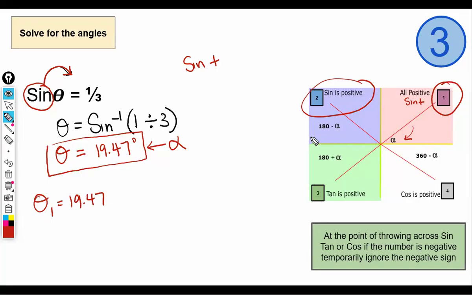My second answer would be 180 minus alpha, because that's the formula in section 2 or quadrant 2. So 180 minus 19.47, and I'm getting 160.53 degrees. So this was a quadrant 1 and quadrant 2 question.